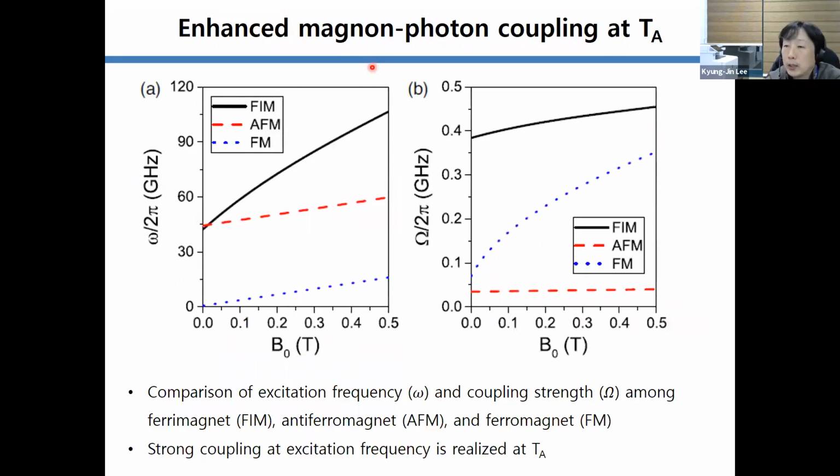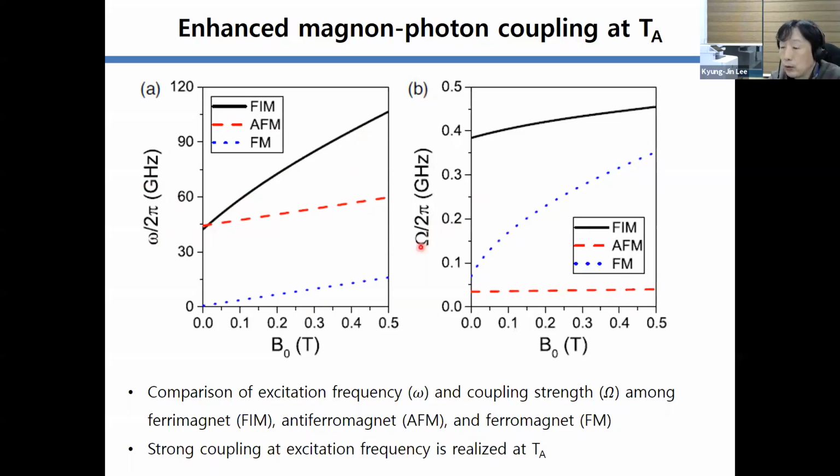Then we compared three classes of magnets: ferrimagnet FIM, antiferromagnet AFM, and ferromagnet FM. Figure A shows the excitation frequency or resonance frequency as a function of the field. The ferromagnet is the lowest, and antiferromagnet and ferrimagnet are similar, but the ferrimagnet is more sensitive to the field because it has net moment.